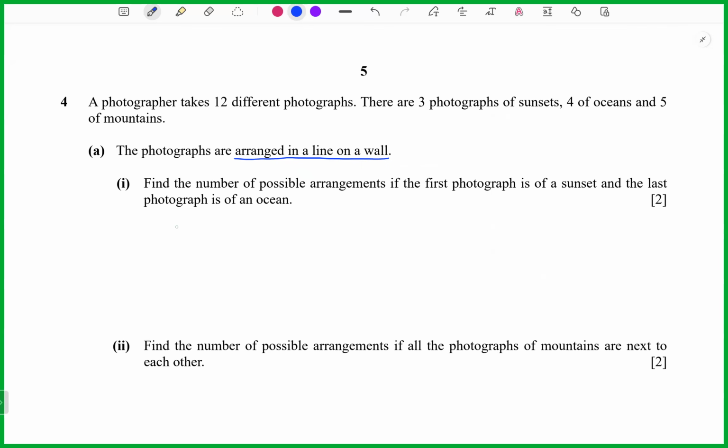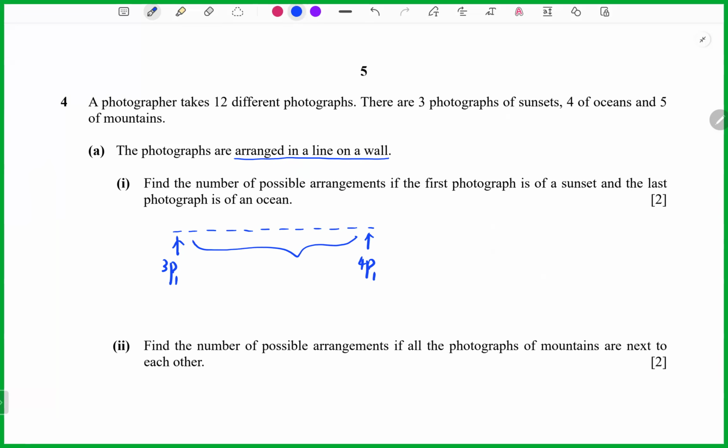So I can label positions 1, 2, 3, 4, 5, 6, 7, 8, 9, 10, 11, 12. For the first, you need to take a sunset, so 3P1. For the last, we can take 4P1 from the oceans.